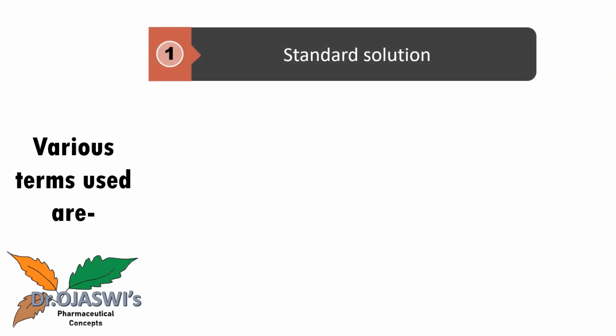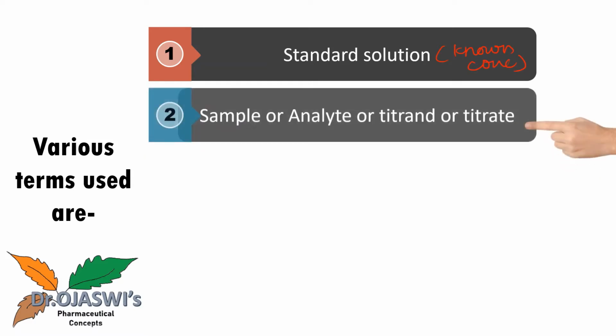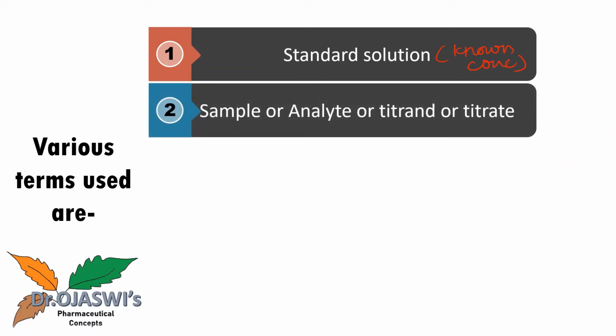Let us know various terms used in titrimetric analysis. The first is standard solution. As I told you, I call it standard solution because its concentration is known. Then there is another term, sample, which can also be called analyte or titrate. This sample solution I take in the conical flask.